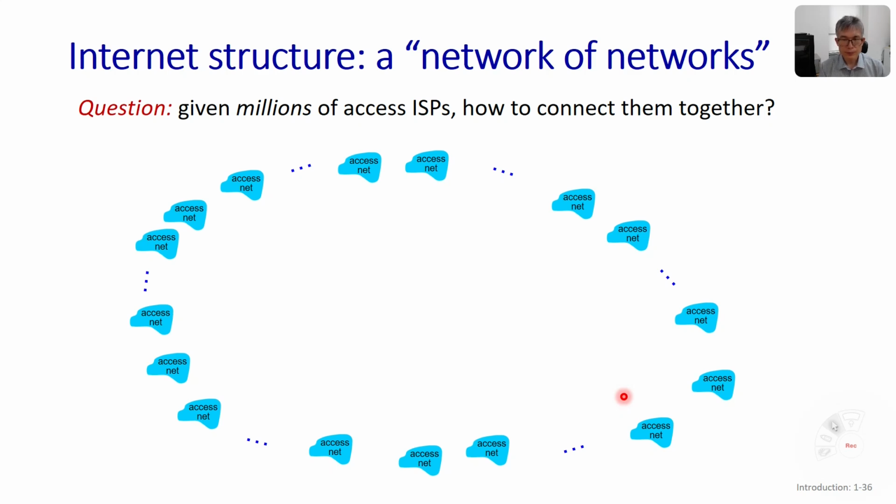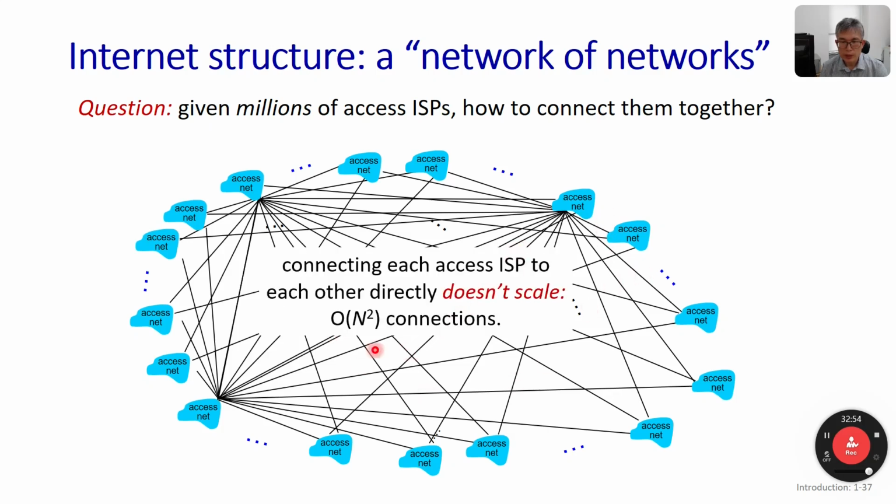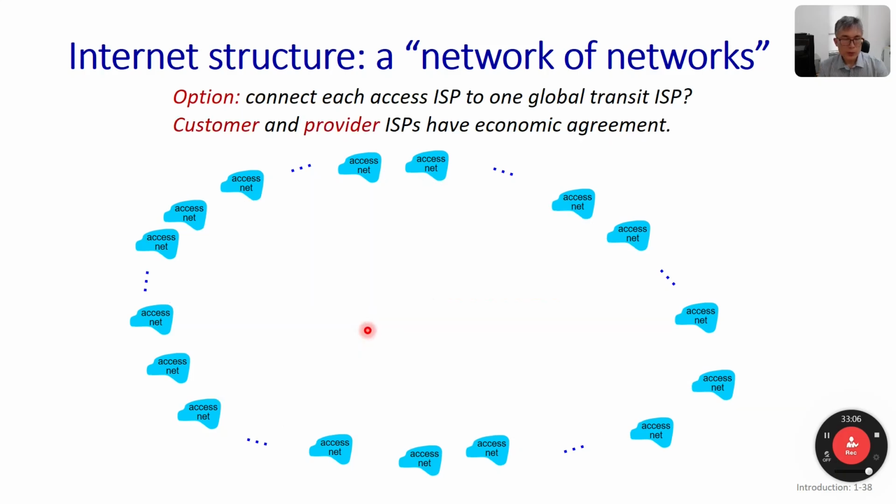So this is the given set of networks. The question is how to connect the millions of access networks. If we use a connection for each pair, there are so many links; choosing two from n gives a complexity of O(n squared).